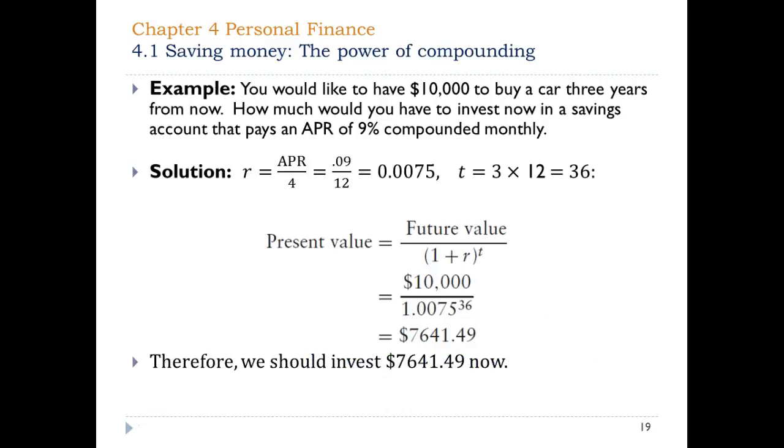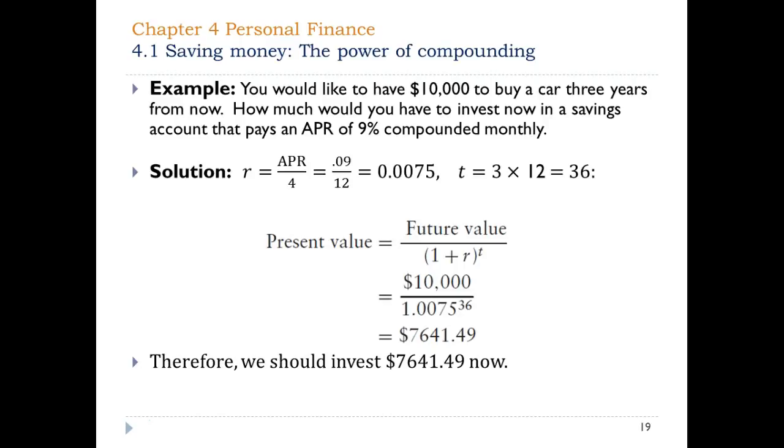Example, you would like to have $10,000 to buy a car 3 years from now. How much would you have to invest now in a savings account that pays APR of 9% compounded monthly? R is equal to APR divided by 12 equals 9/100 divided by 12 equals 75 ten-thousandths. T is equal to 3 times 12 or 36 months.